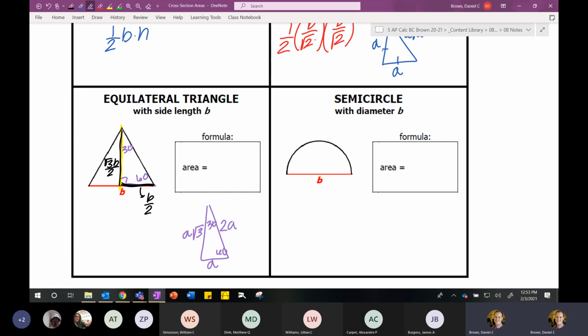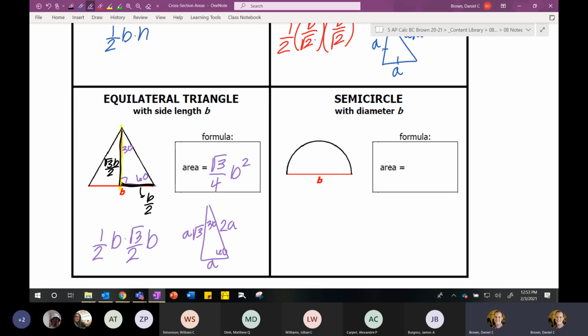You're doing the area of the entire equilateral triangle, which is 1/2 base times the height. Simplifying that to have an easier formula that will be useful to us: 2 times 2 in the denominator is 4, with a root 3 in the numerator, and B squared. That will be the area of an equilateral triangle given some side B.